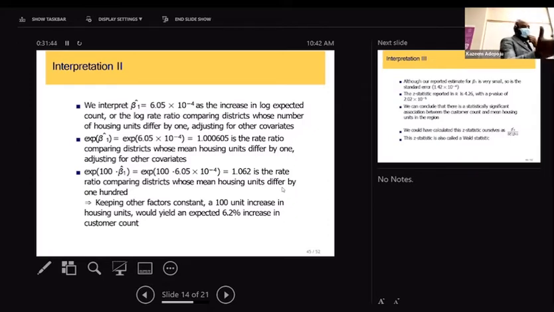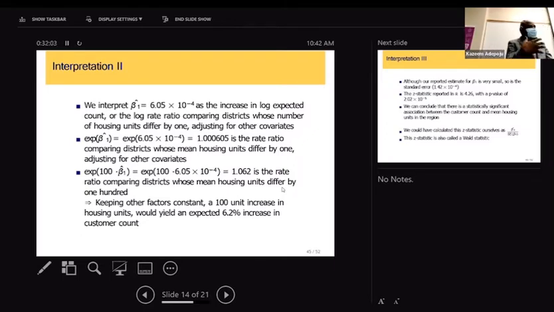Okay, and how do you interpret 1.062? If you want to interpret 1.062, you can multiply that by 100, then subtract 100 from that. That will give you 6.2%. What are you trying to say?